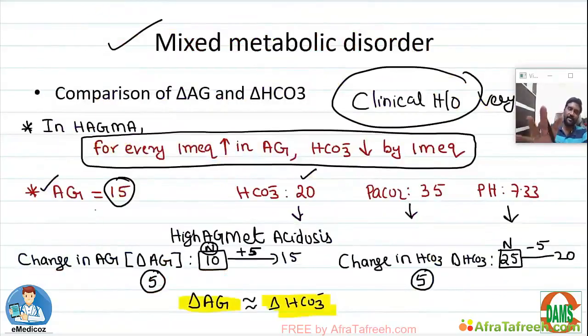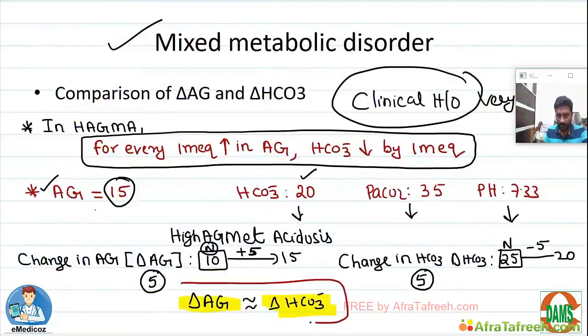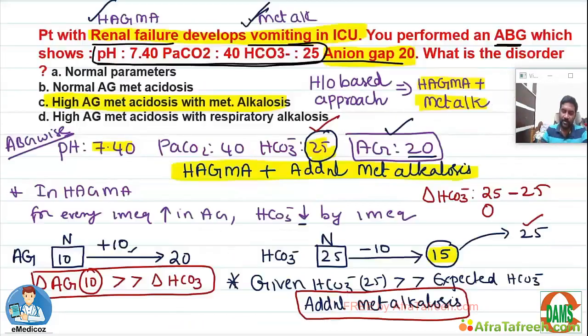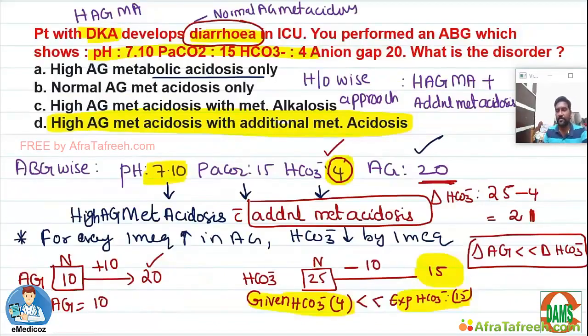in an isolated high anion gap metabolic acidosis, the delta anion gap and delta bicarbonate will correlate. If there is an additional metabolic alkalosis, delta anion gap will be very much higher when compared to delta bicarbonate. If there is additional metabolic acidosis, delta anion gap will be very much less than delta bicarbonate.